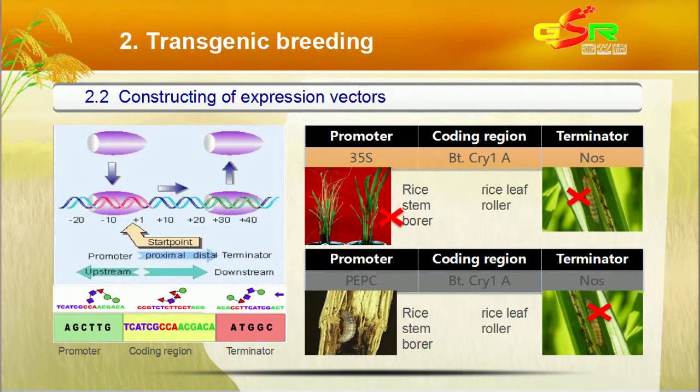And the coding region encodes functional information. For protein coding genes, the messenger RNA will direct the translation to a specific protein. For non-coding genes, the transcribed RNA will function in cells, such as microRNAs.